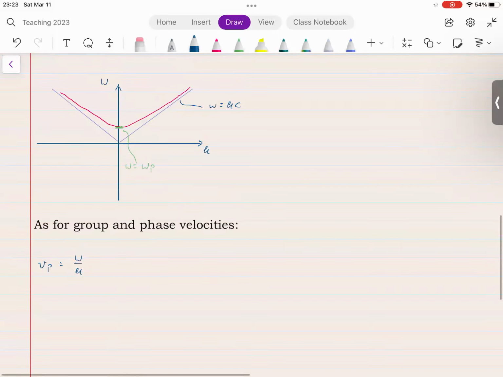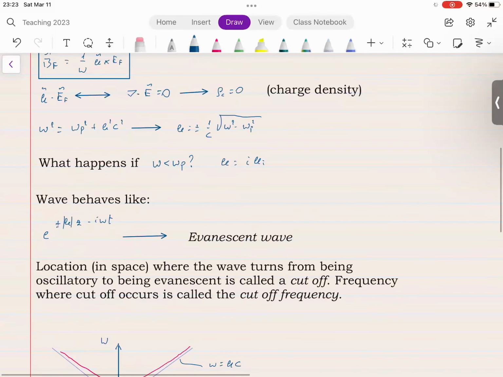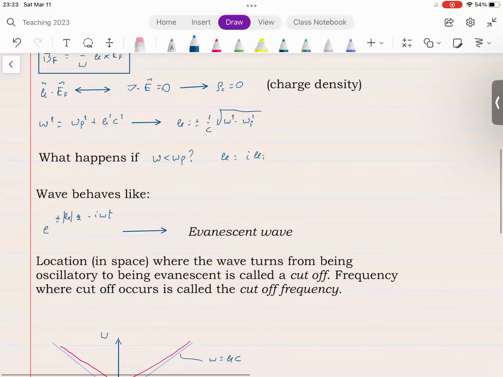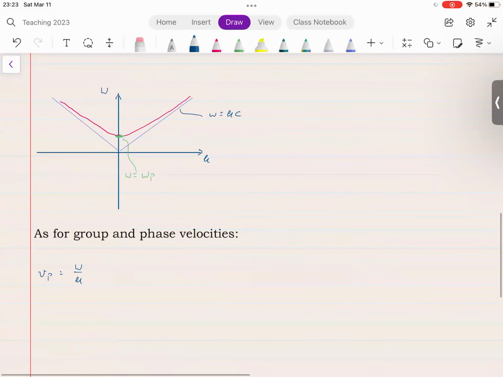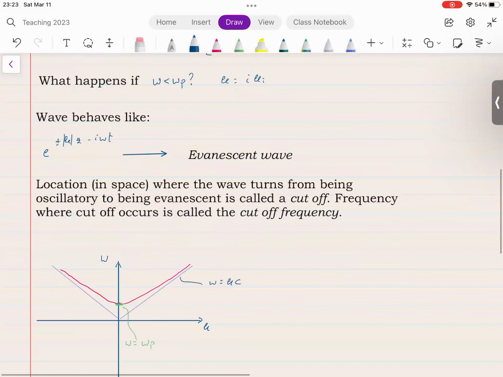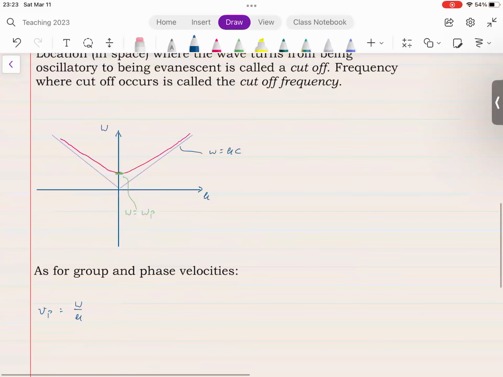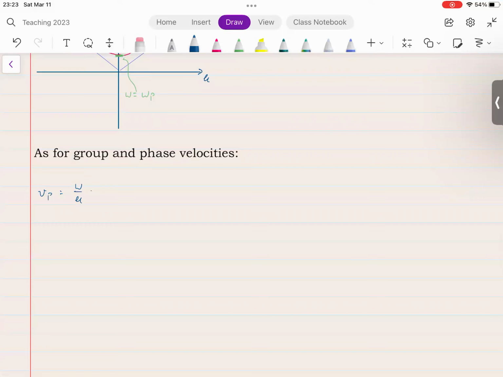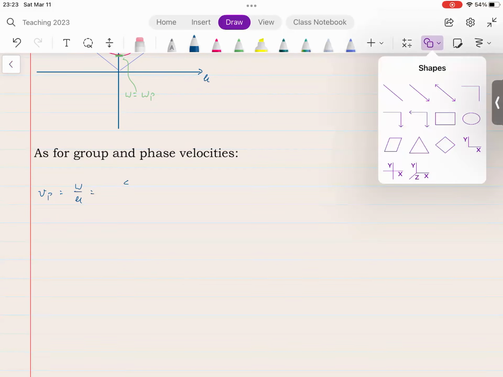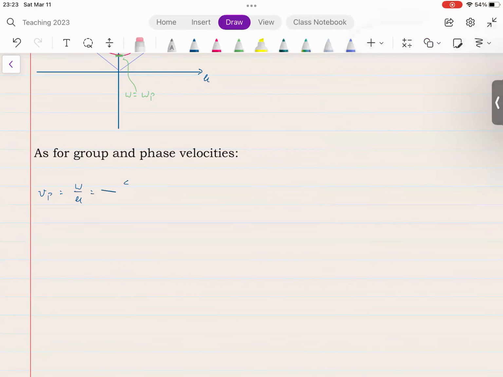Looking back up here, it's pretty easy. It's c over, and if you take the omega inside the square root, you get the square root of one minus omega plasma squared over omega squared.